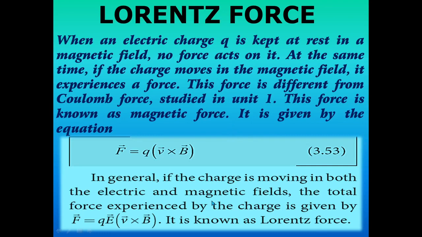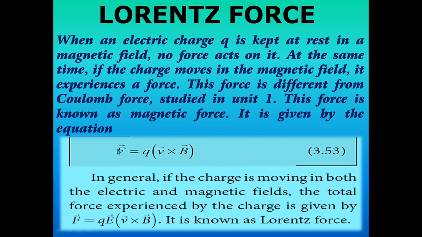If the charge is moving in both electric and magnetic fields, the charge experiences a total amount of force, F vector is equal to Q into E vector plus V vector cross B vector. Simply said, moving charges experience the electric and magnetic field force. That is nothing but Lorentz force.